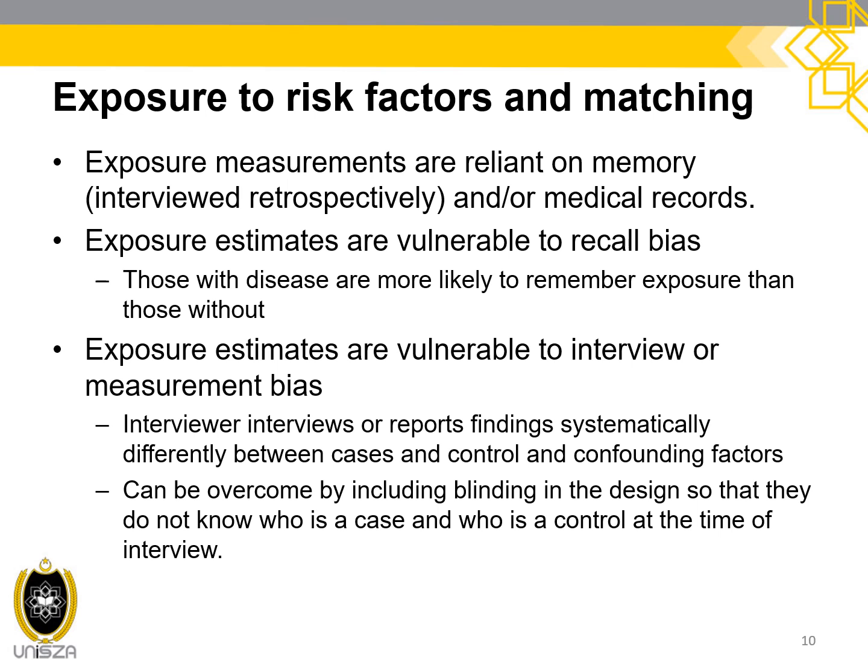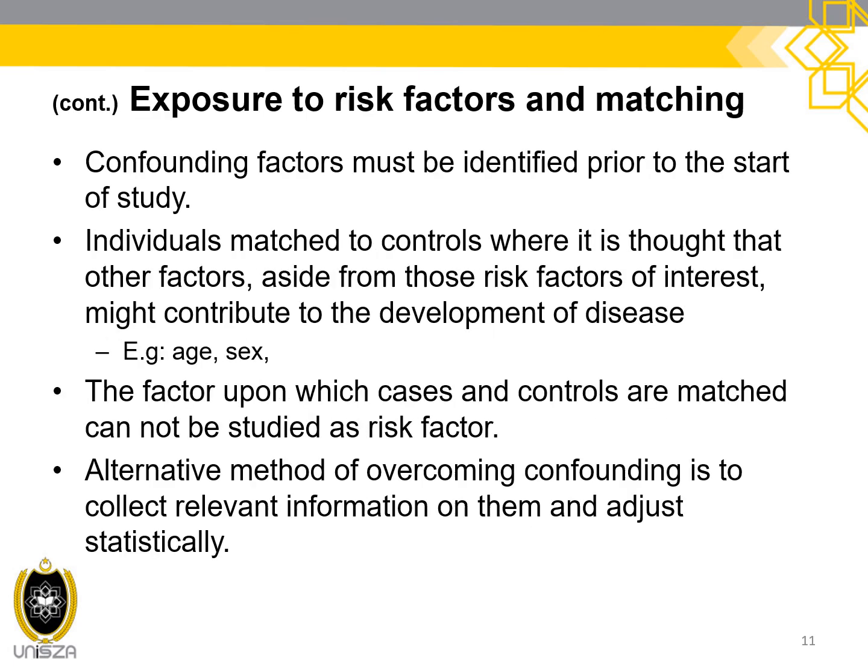This can be overcome by including blinding in the design, so that interviewers do not know who is a case and who is a control at the time of interview. In addition, confounding factors must be identified prior to the start of the study.